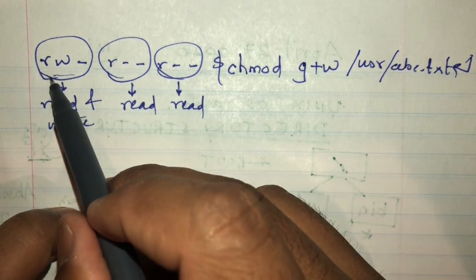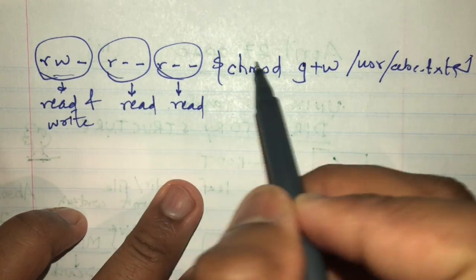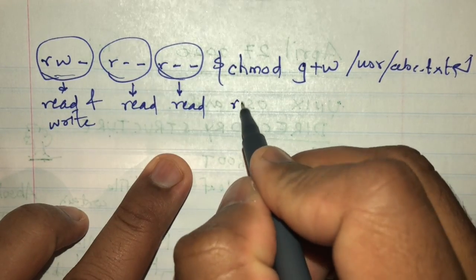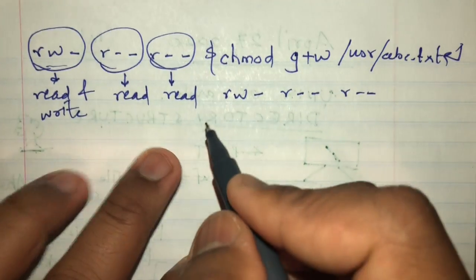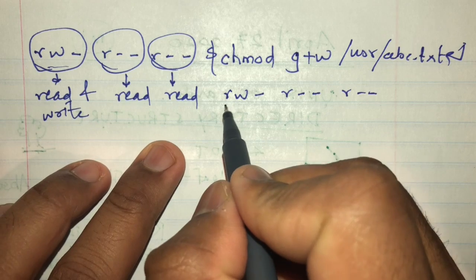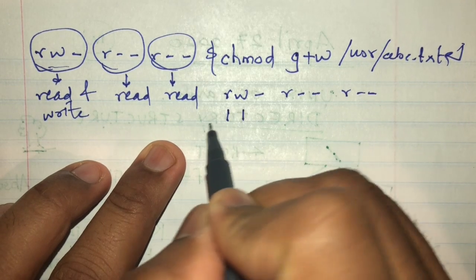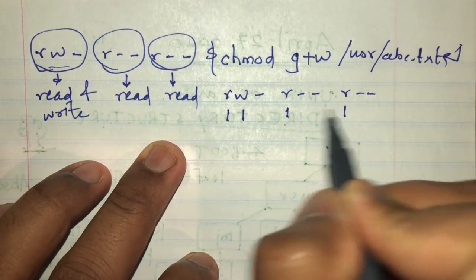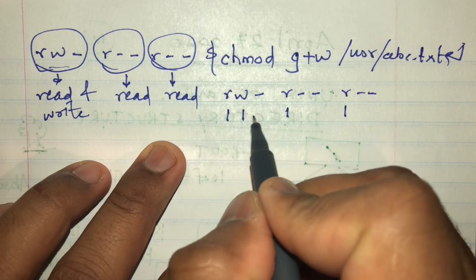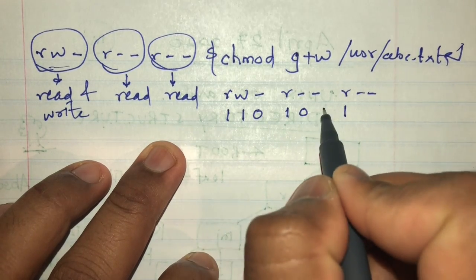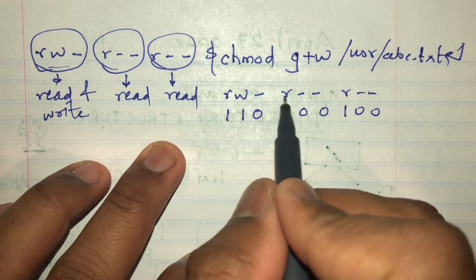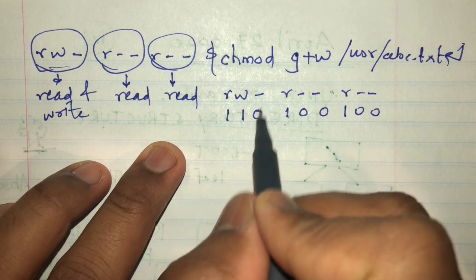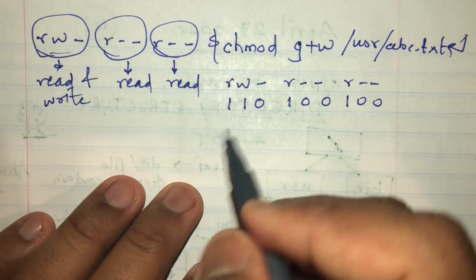You have to convert these characters into numbers, and the way to do that is as follows. You must be aware of binary numbers here. If the character is present, then you must pass it as 1. If you see hyphen, or the character is not present, you should give it 0. So I substituted 1 in place of all the characters, and 0 wherever I saw hyphen.